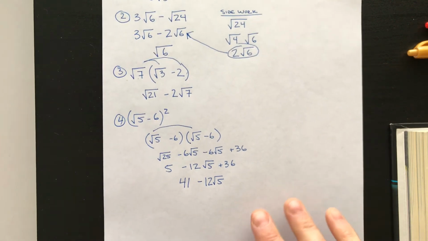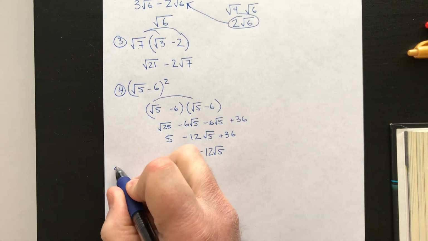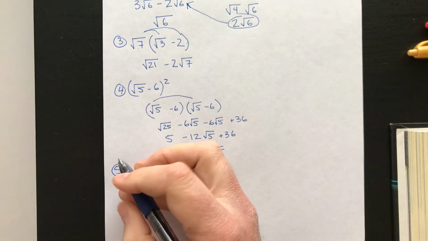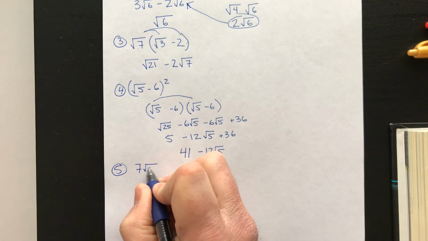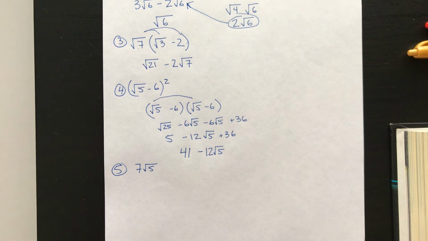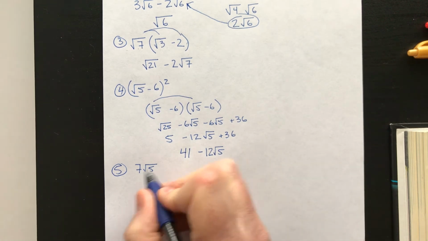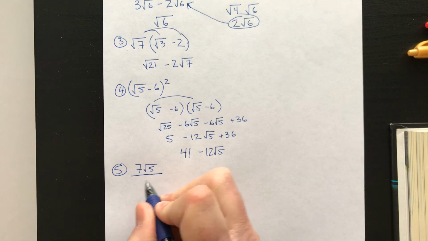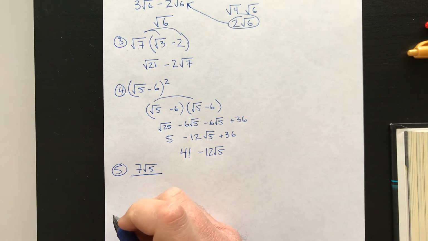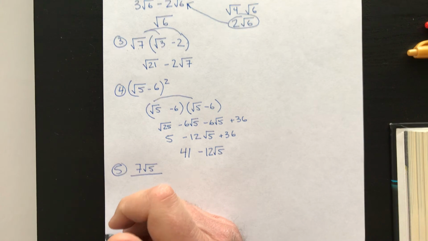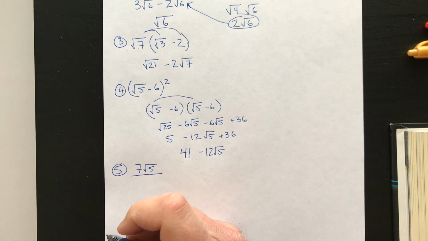All right, let's look at number 5. Number 5, we need to use something called the conjugate. And they define a conjugate at the top of page 628. The reason that conjugates work is because of the special cases when we were multiplying our binomials.